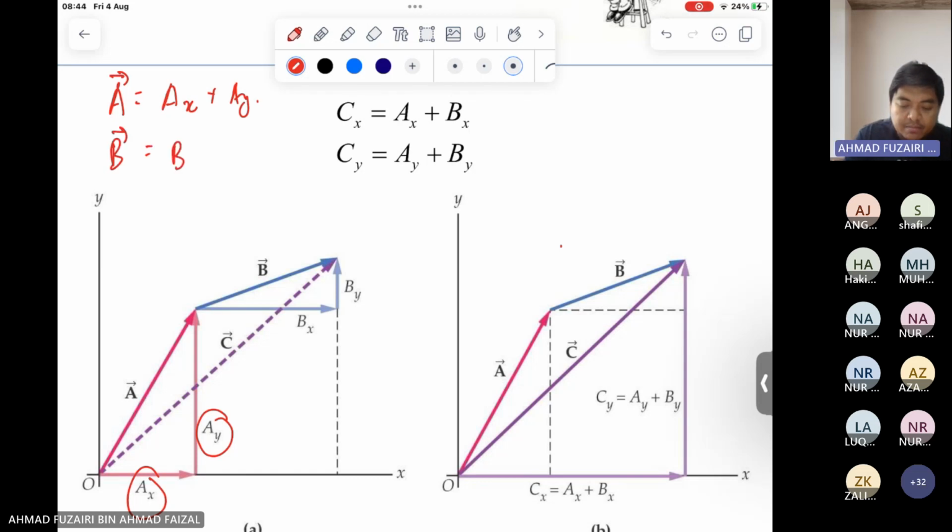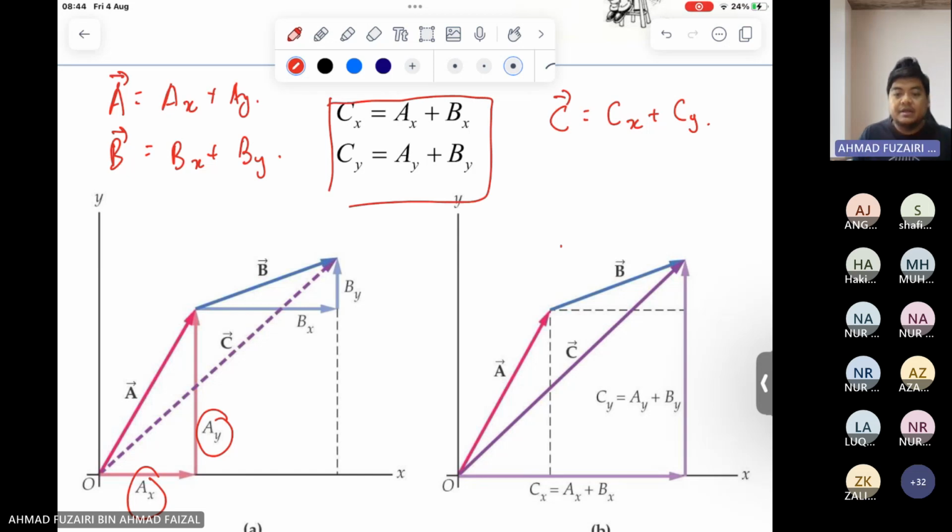Vector B ada BX and BY. How about vector C? Okay, macam mana vector C? Vector C mesti datang CX campur CY. Macam mana nak dapatkan CX dengan CY? Ini dia. CX ialah AX campur BX, CY ialah AY campur BY.